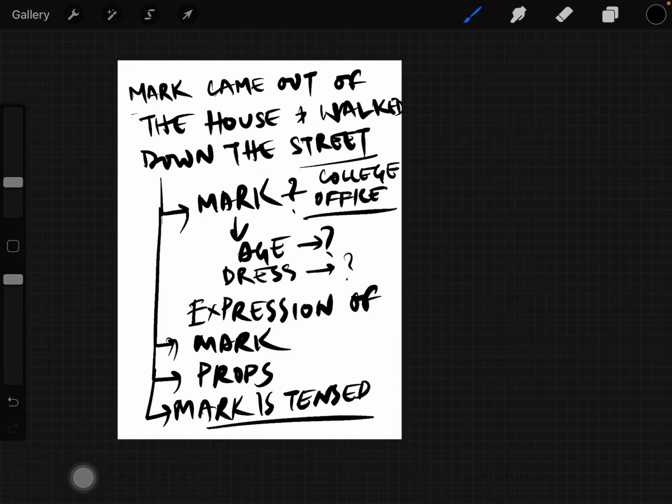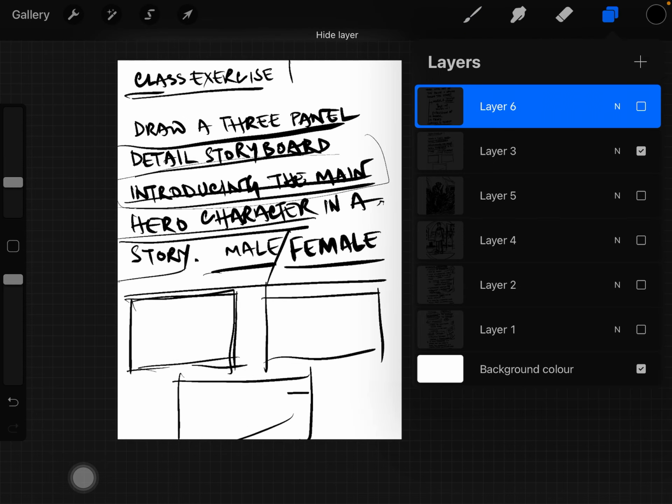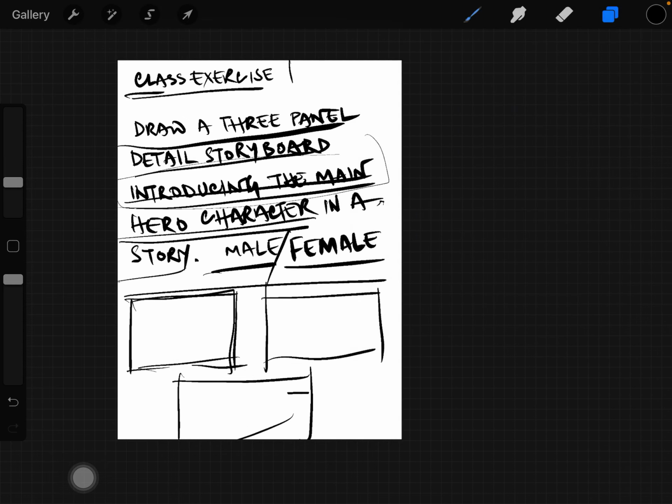So think about that. Your main assignment, your main work is just in 3 panels. This needs to be done in 3 panels, in 3 shots. So this is shot 1, shot 2 and shot 3. In 3 panels, 3 shots, you need to introduce, and this is the beginning of your scene.